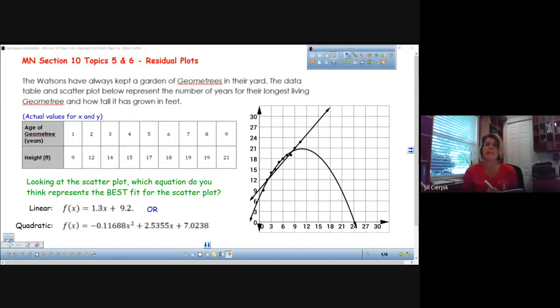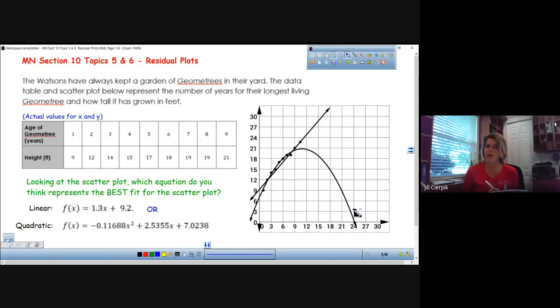So my initial reaction is that the linear model is the best fit or the best representation for this table. But what we'll do on the next two slides is test the linear equation and test the quadratic equation, and then create residual plots from those equations.